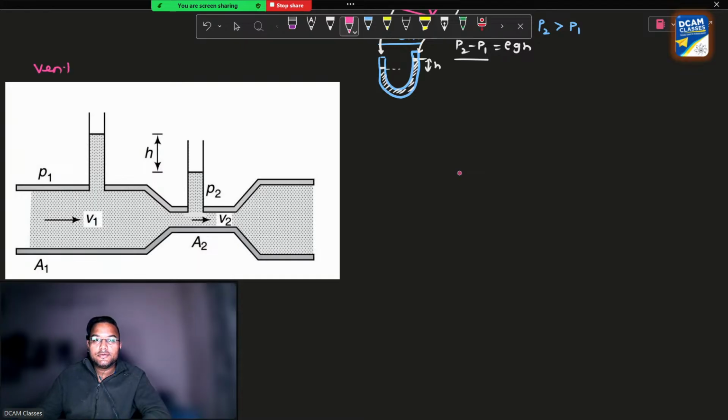This is Venturi meter. Now, in the Venturi meter, see, the things are, what is this?